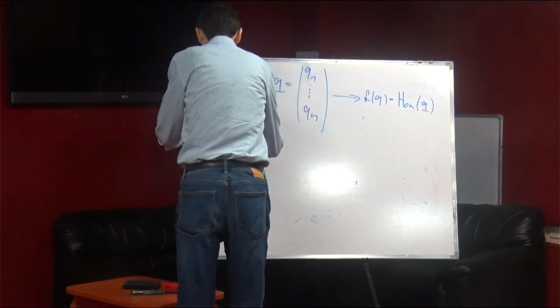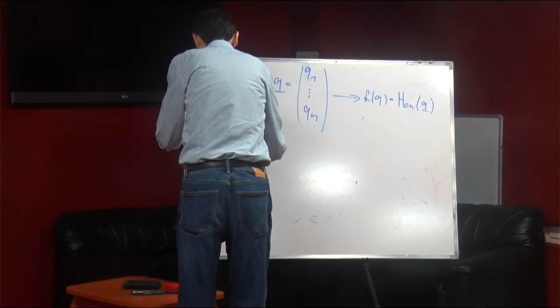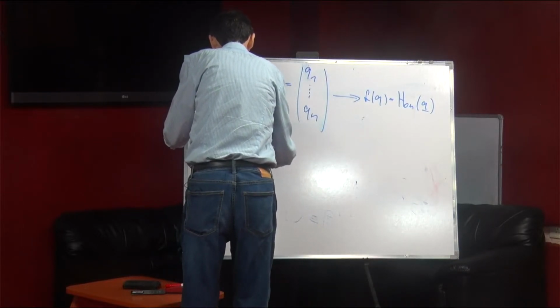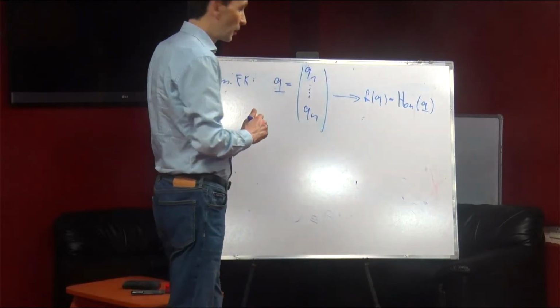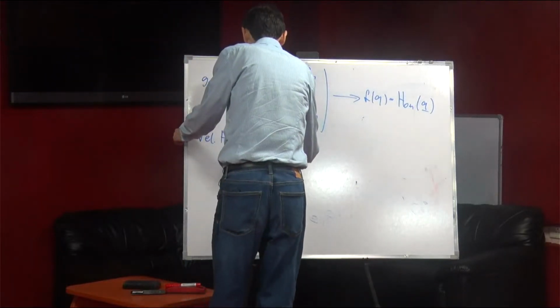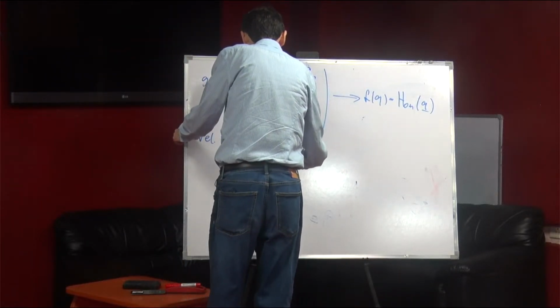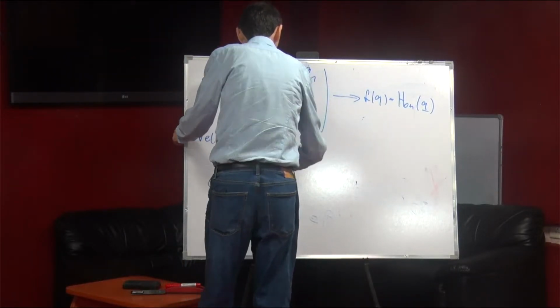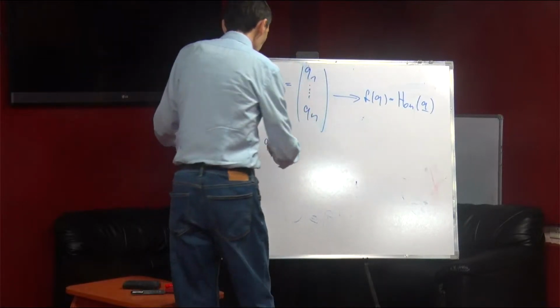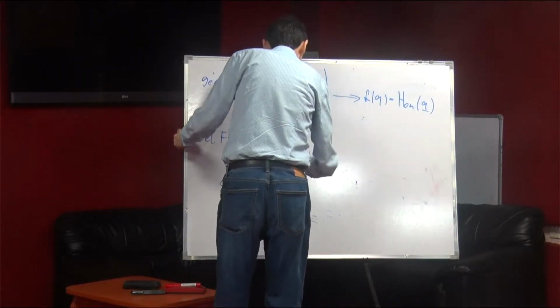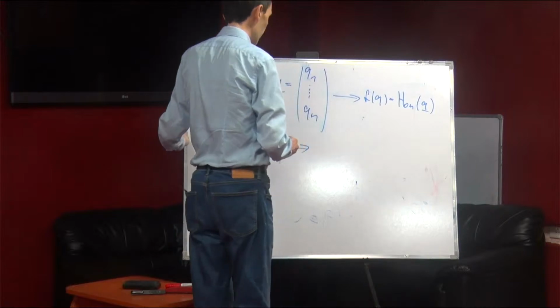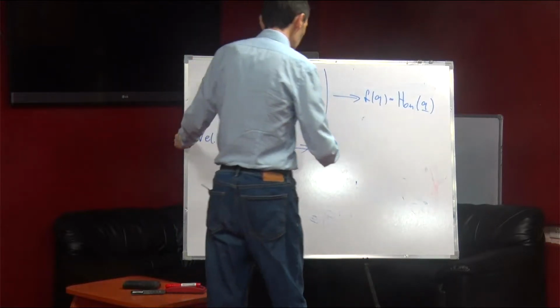So the velocity forward kinematics problem is a bit different, because here what goes in is Q and Q dot, and what comes out is the velocity. And how do you get the velocity?